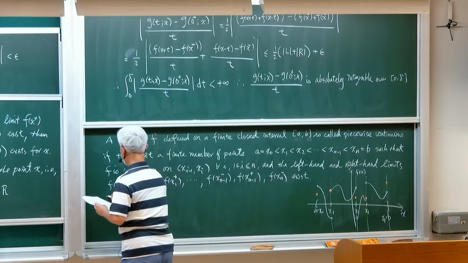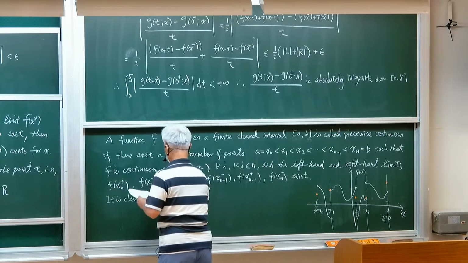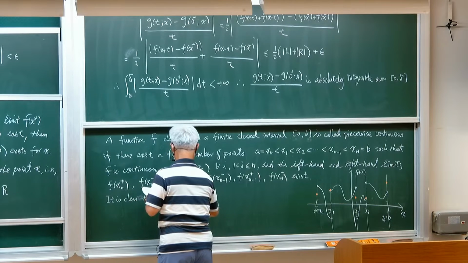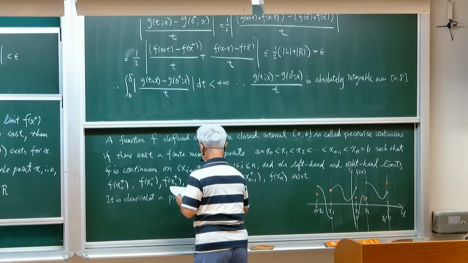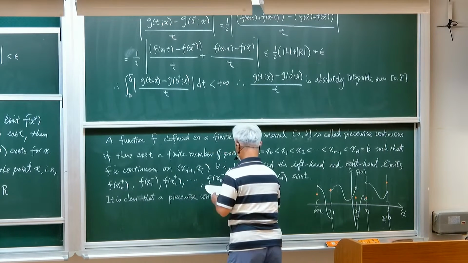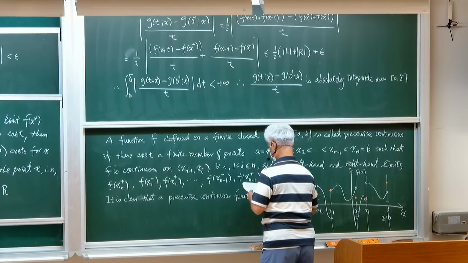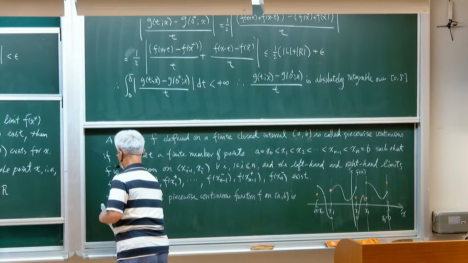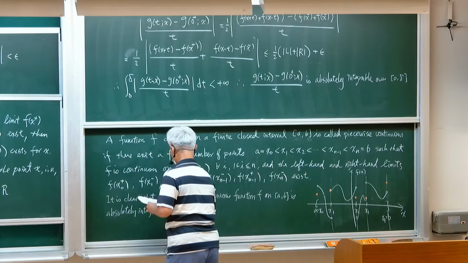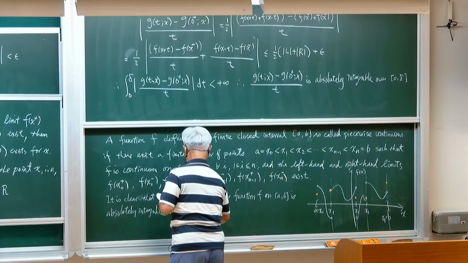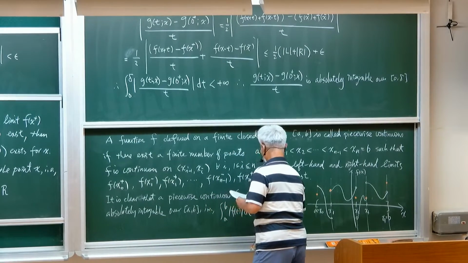So now it is clear that a piecewise continuous function on AB is absolutely integrable, that is, the integral of its absolute value over AB is finite.